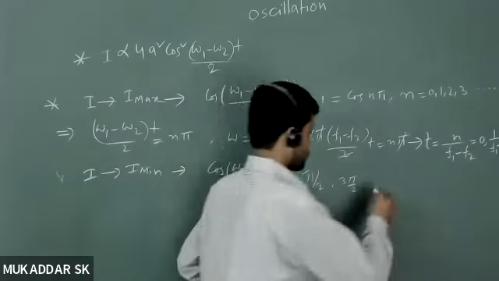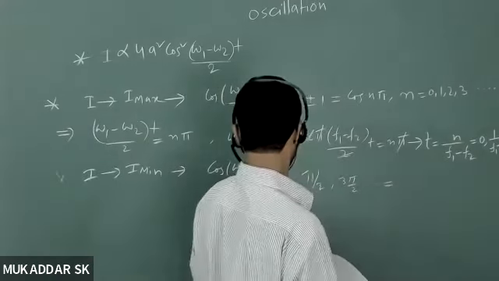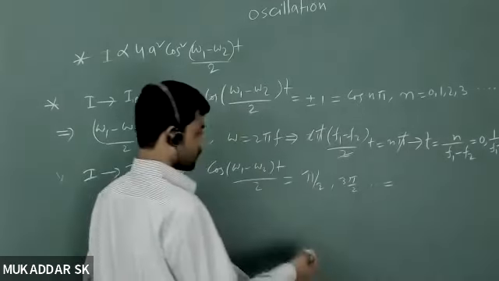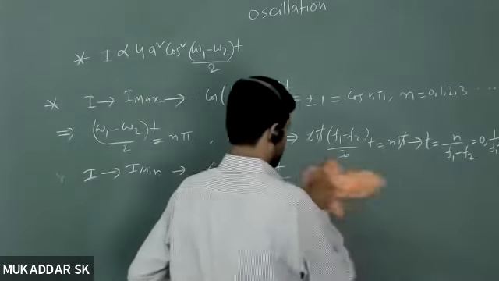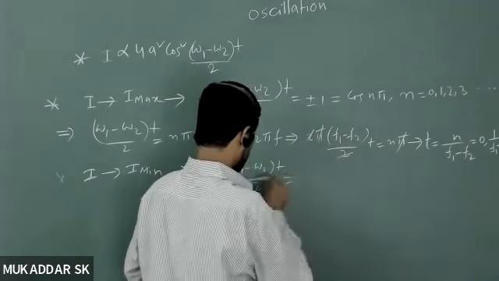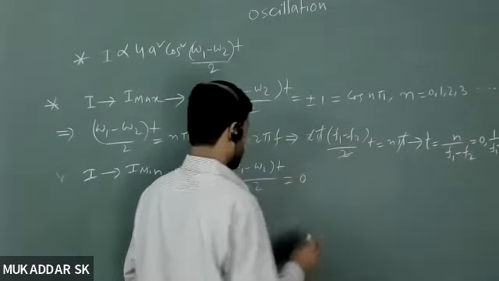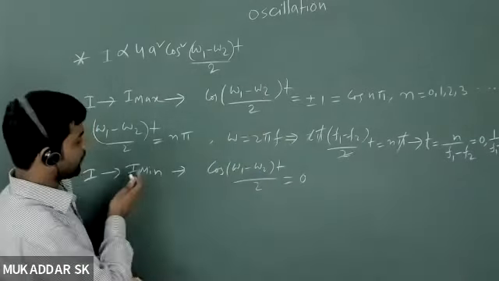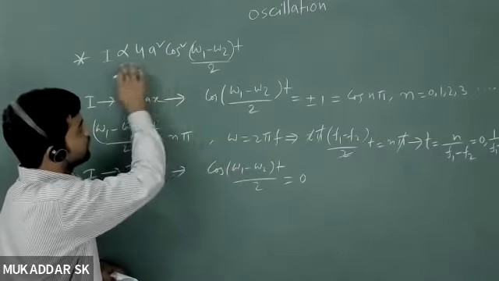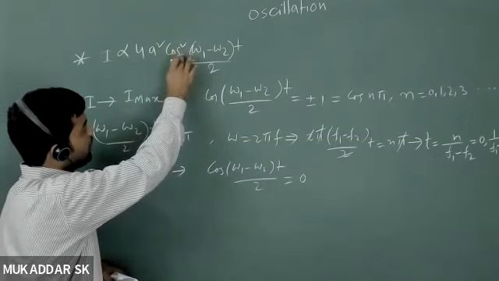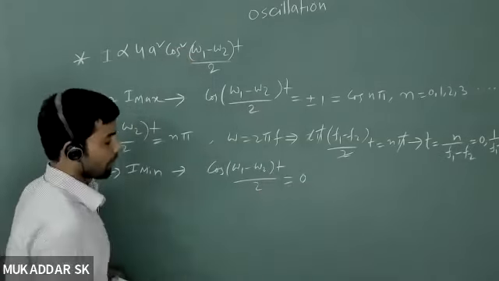Okay. So in terms of that you can write it like, right? So when this function will be 0, when will you get minimum intensity? When this function will be 0, then you will get zero intensity, because the minimum value of cosine square is how much? It is 0, right?